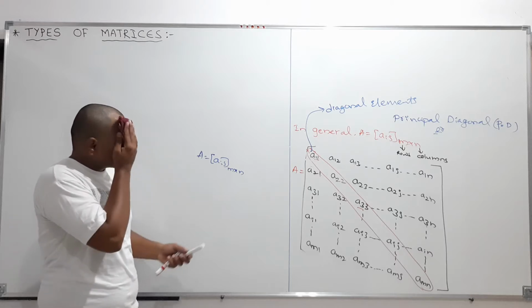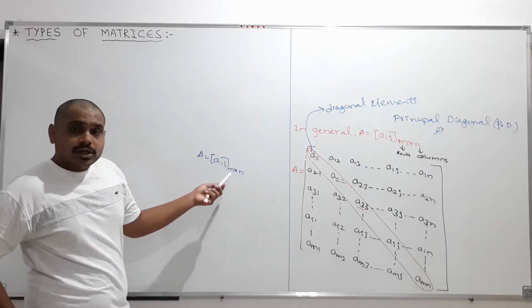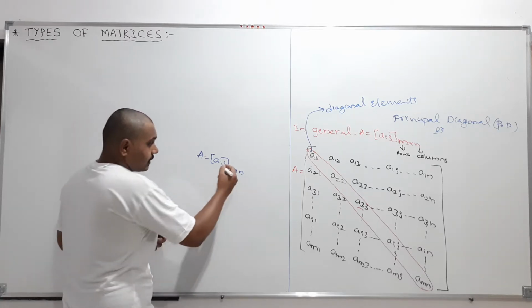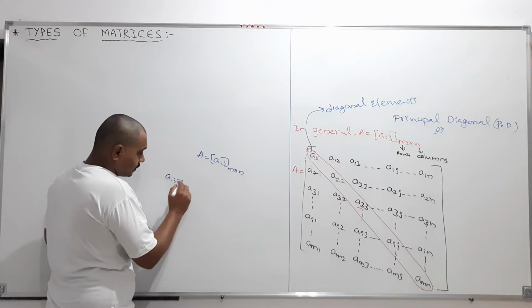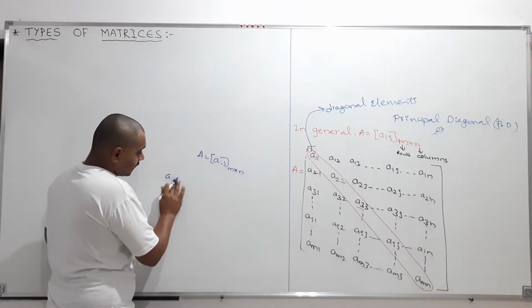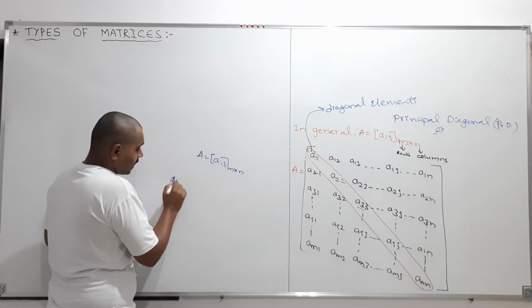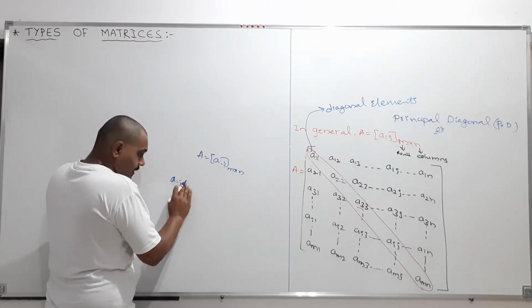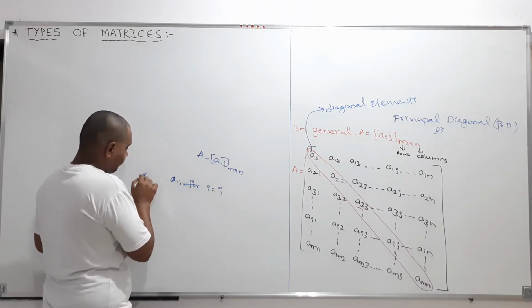Also, my dear students, consider Aij for i equals to j, or else Aij for i not equals to j.